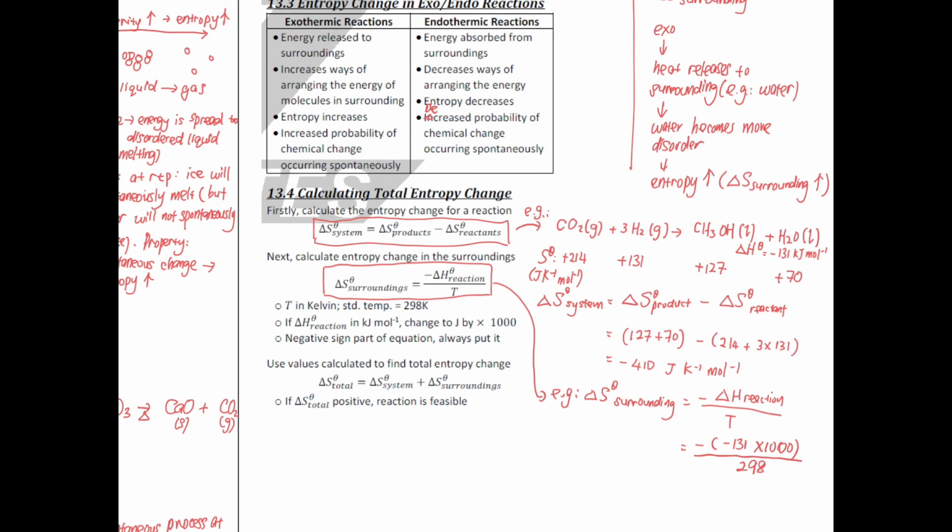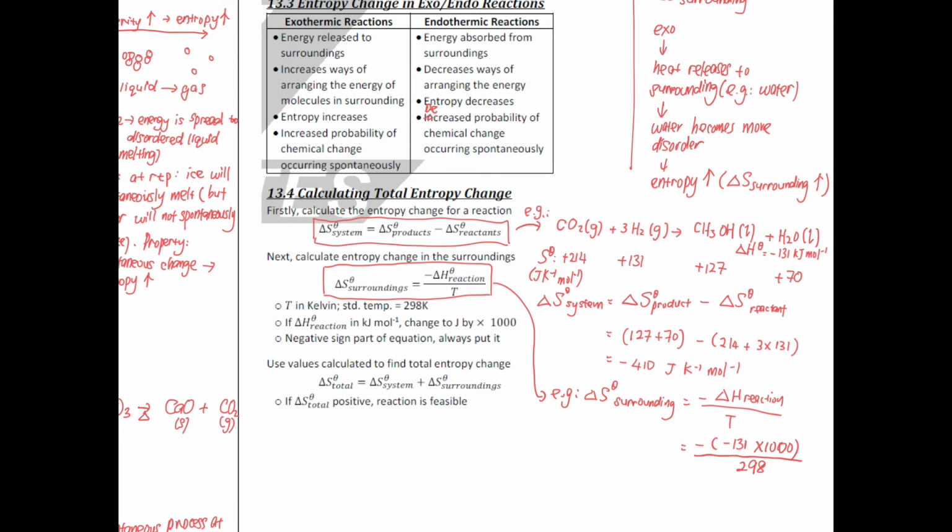Imagine you multiply with 1000, you change it to joule per mole. Then you divide by the temperature, that is joule per mole per Kelvin. So that is the unit of the entropy change, as you can see here, joule per Kelvin per mole. So the units already match.